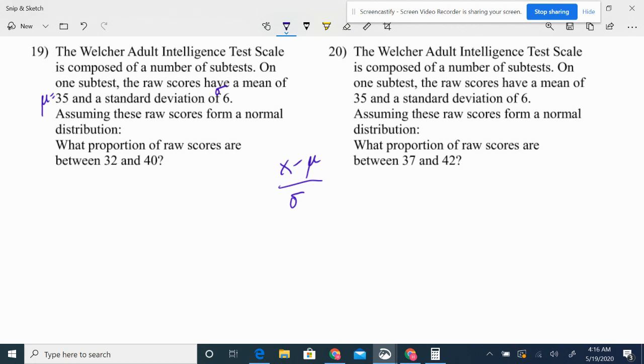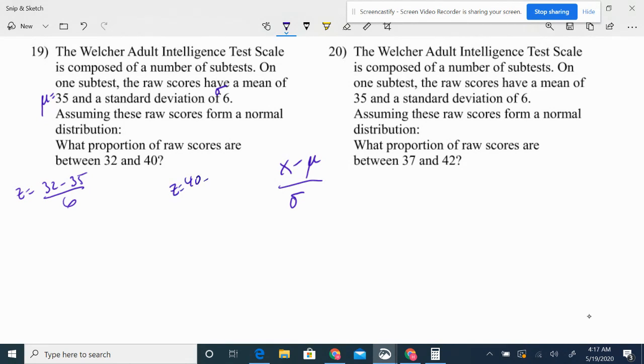So I'm just going to go for the z-score. I'm going to do 32 minus 35 divided by 6. Remember my 35, that's my mu. That's the average or the mean. My 6 is my standard deviation. So that's going to give me my z-score for that. But I also have to find out my other z-score.